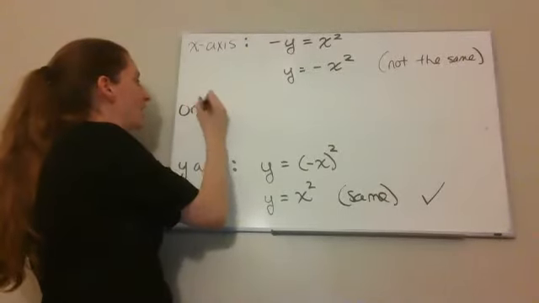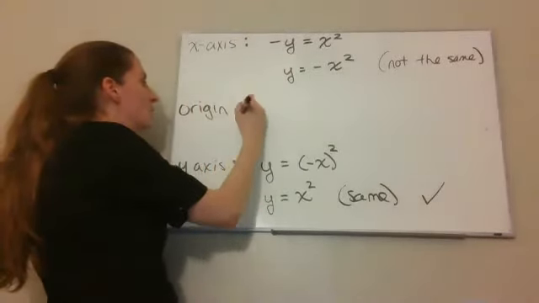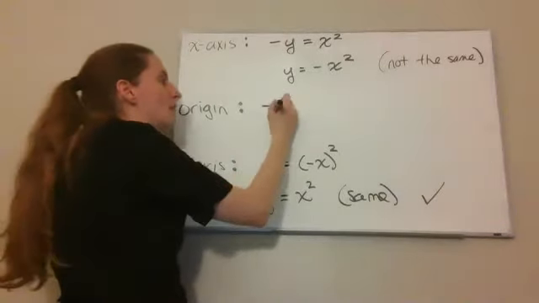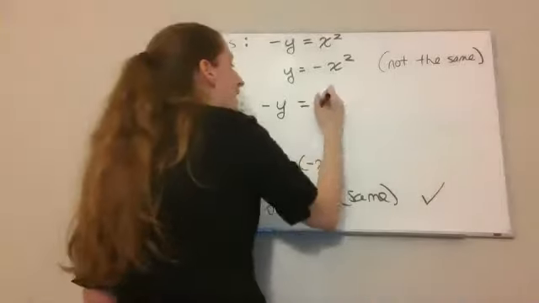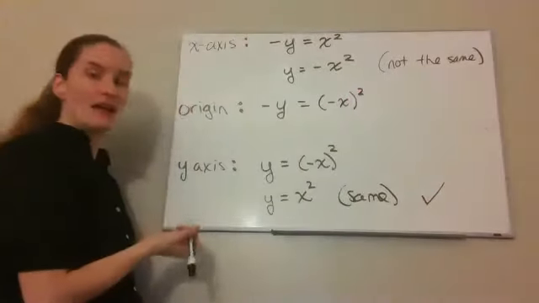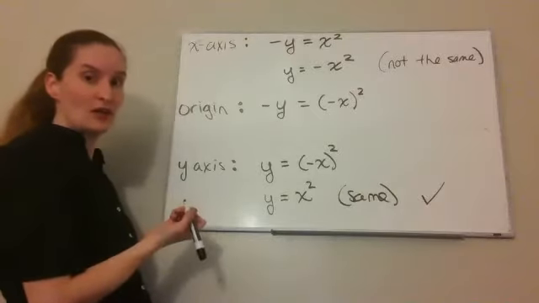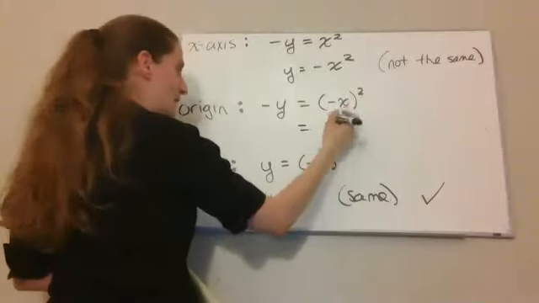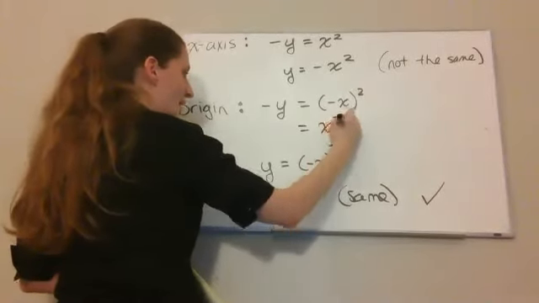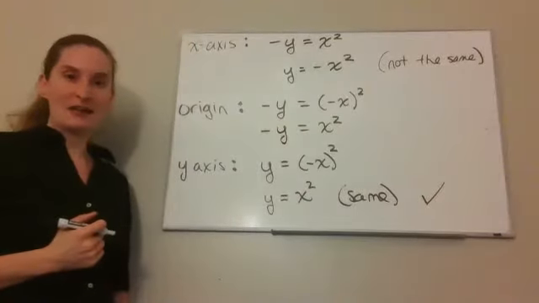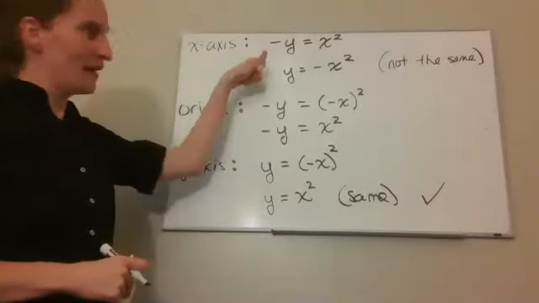Last one to check is the origin. To check for symmetry with respect to the origin, we change all of our y's to negative y's, and we change all of our x's to negative x's. And now we see if this gets us our same equation as our original equation. Well, we know negative x in parentheses squared is positive x squared. I still have my negative y, which is exactly what we had before.